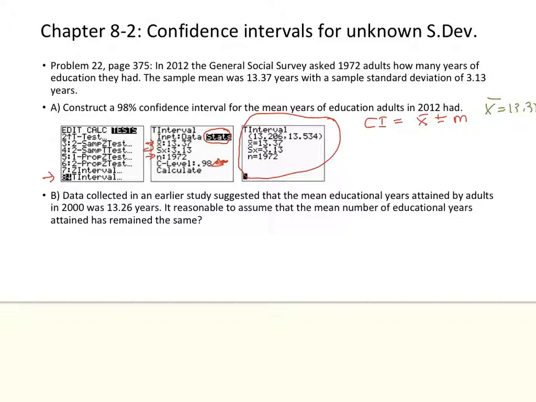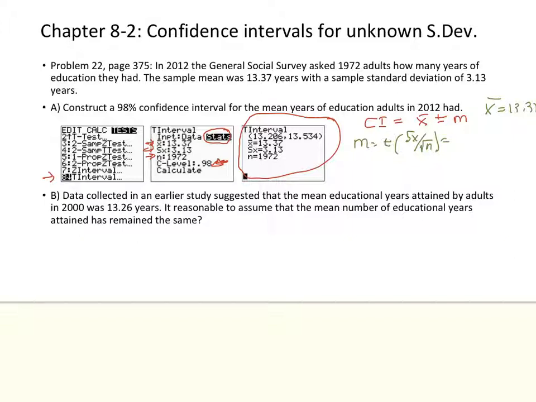However, our margin of error does change, because here the margin of error is a t-value with degrees of freedom n minus 1 times sx, because we don't have sigma, divided by the square root of n.